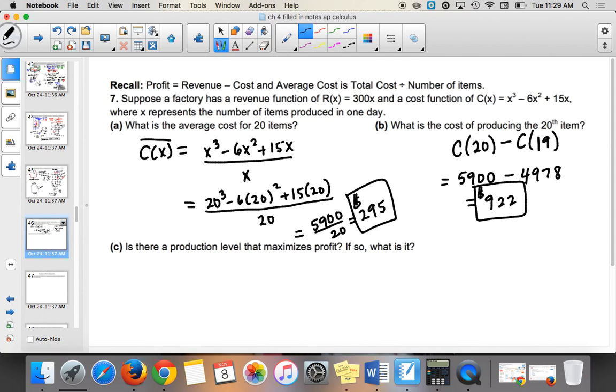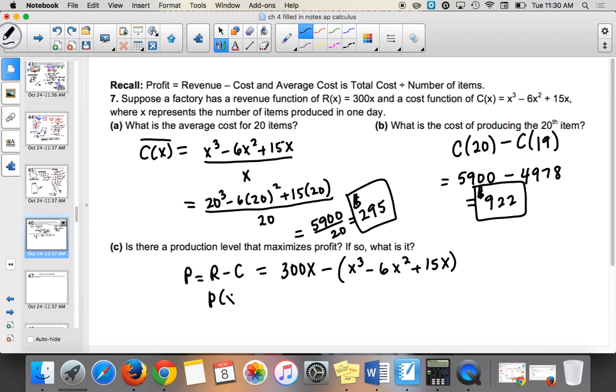Okay. So it says, is there a production level that maximizes the profit, and if so, what is it? Our profit is equal to our revenue minus our cost. Our revenue was 300x, so we must be selling things for $300. Does that make sense? 300 times the number you sell. And then minus the cost function, so I'm going to put parentheses: minus x cubed minus 6x squared plus 15x.